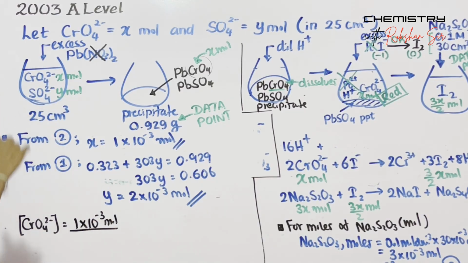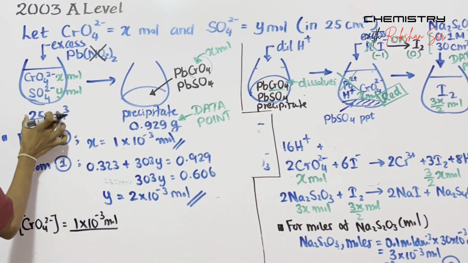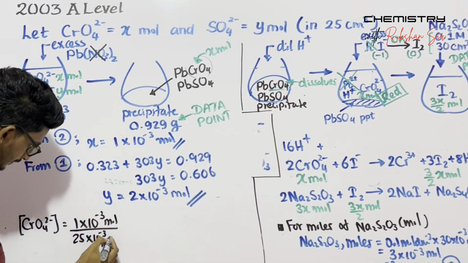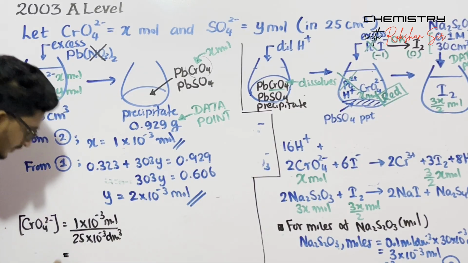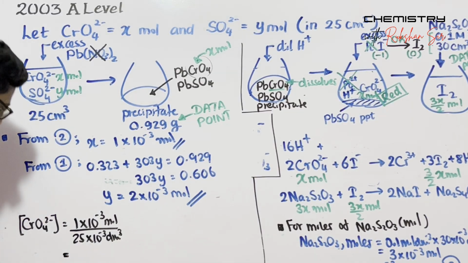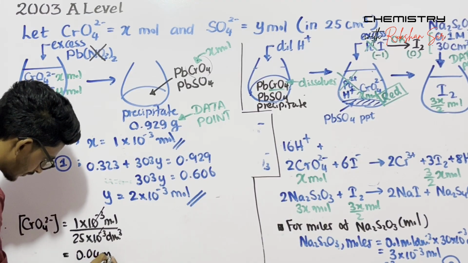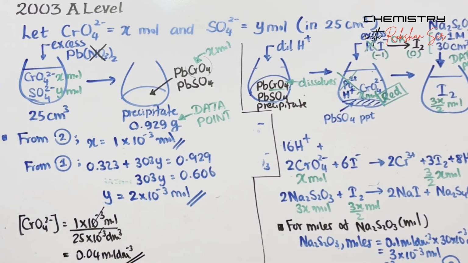The volume is 25 cubic centimeters. In 25 cubic centimeters, you had x moles, right? So the value for the chromate is actually 1 over 25. That means 4 over 100, 0.04. This is the concentration of chromate in this solution.